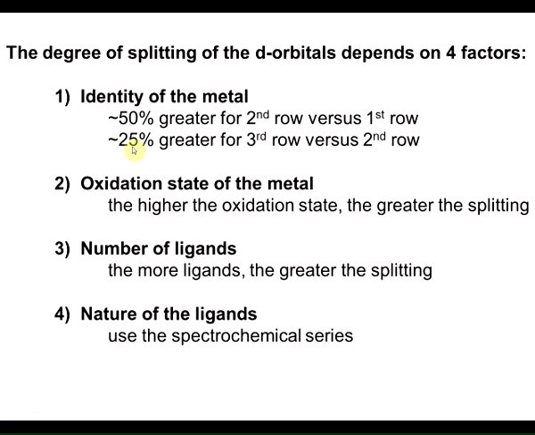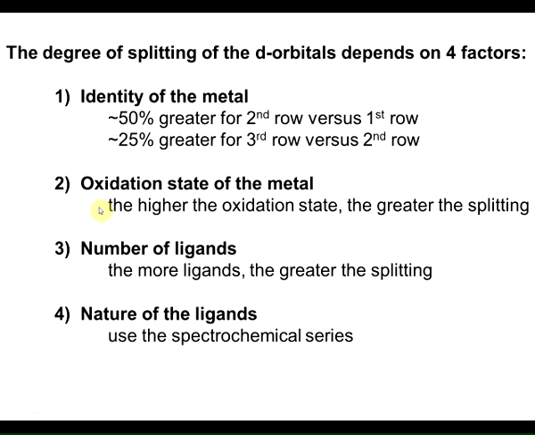Now the type of metal isn't the only thing that's important, it's the oxidation state of the metal as well. A lot of times in the inorganic lab, we'll look at several complexes, and we'll look at different oxidation states of the metal. And metals with a higher oxidation state are stronger. They can pull those d orbitals apart even more.